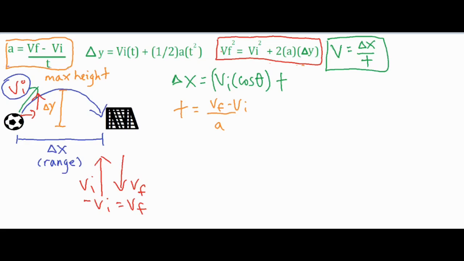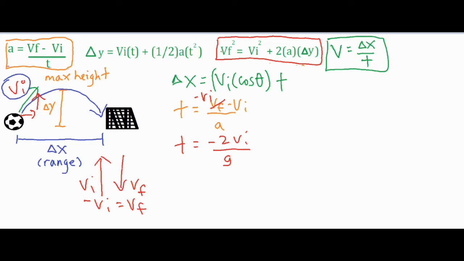So we take out this vf and substitute a negative vi, which leaves us with t equals negative 2 vi all over a, which I'm going to replace with g.